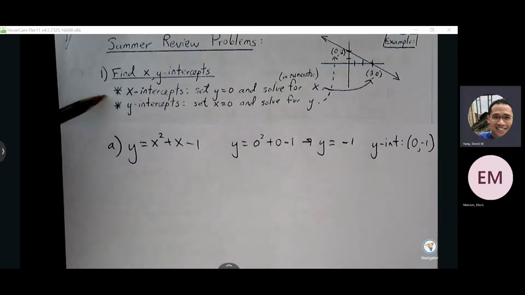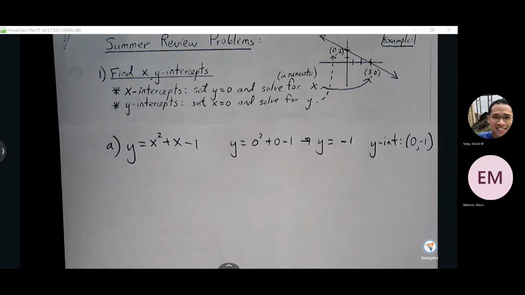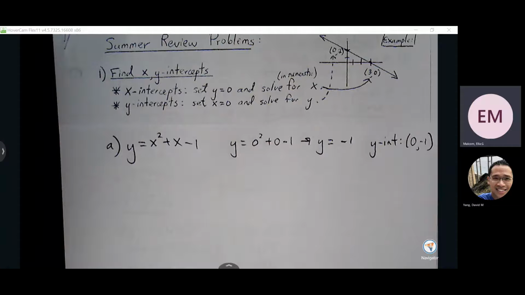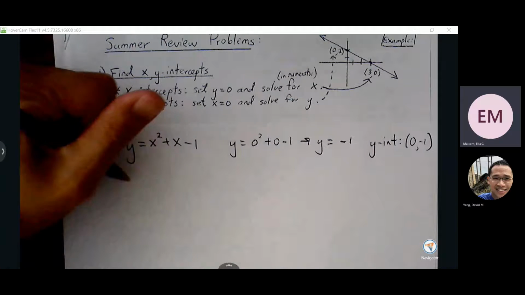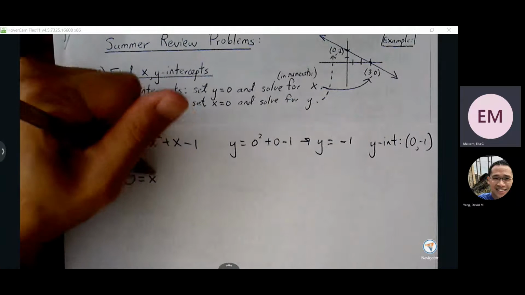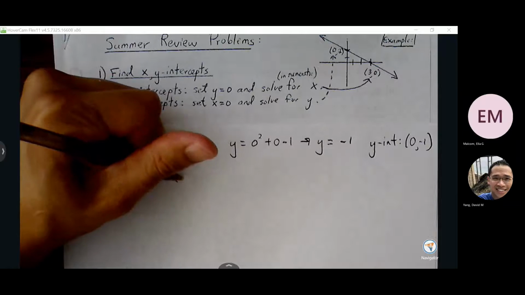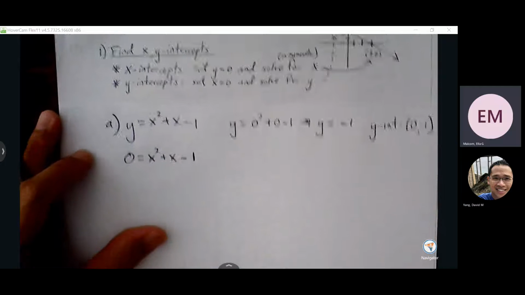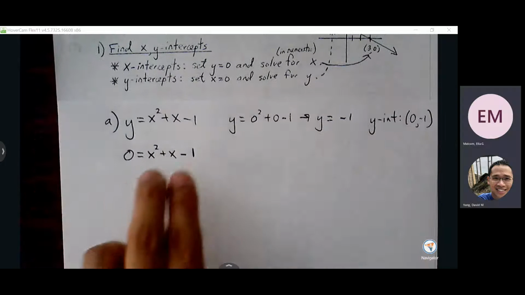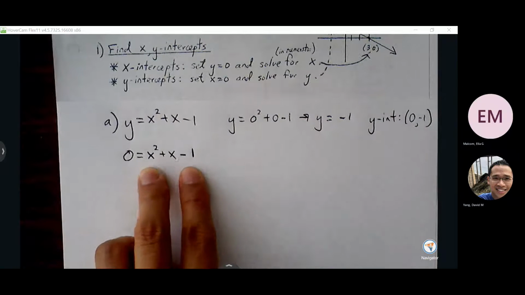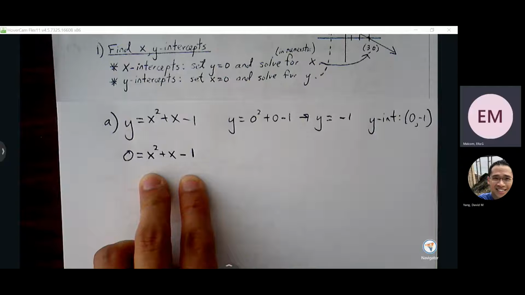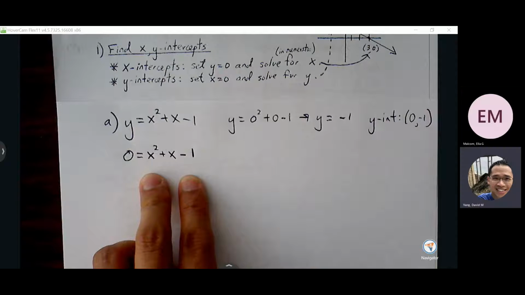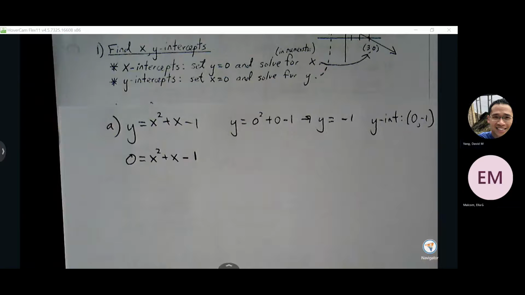Okay, how about finding the x-intercept? This is going to be 0 equals x squared plus x minus 1. Is this factorable? No, it's not factorable.